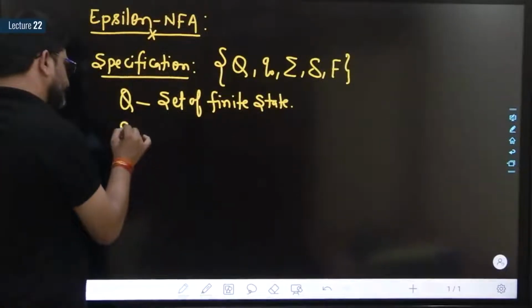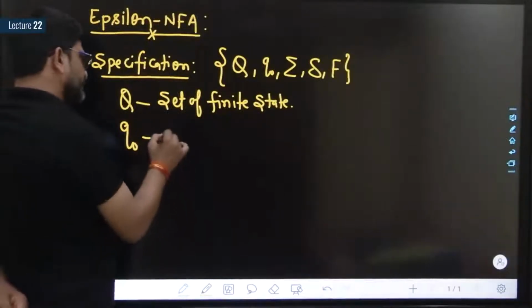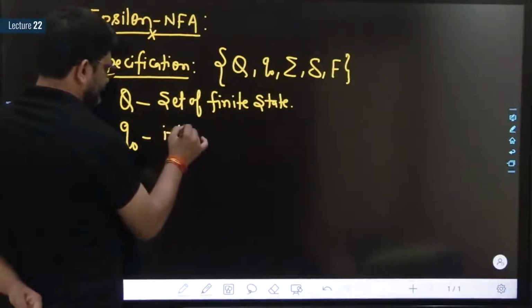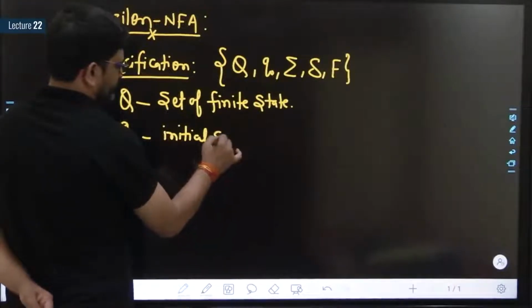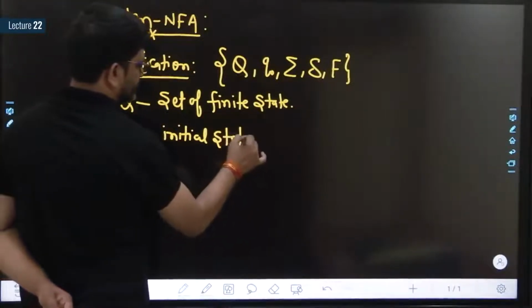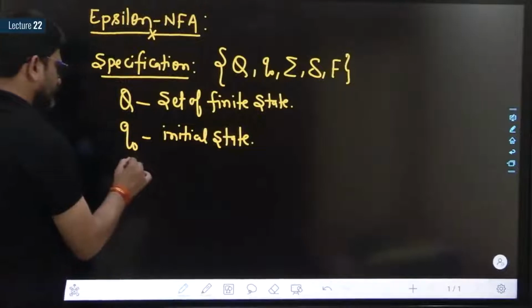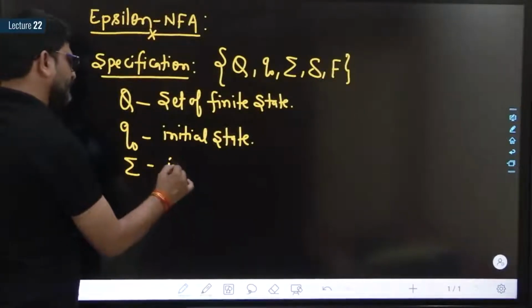Next is Q naught. Q naught is the initial state. Sigma is the input alphabet.